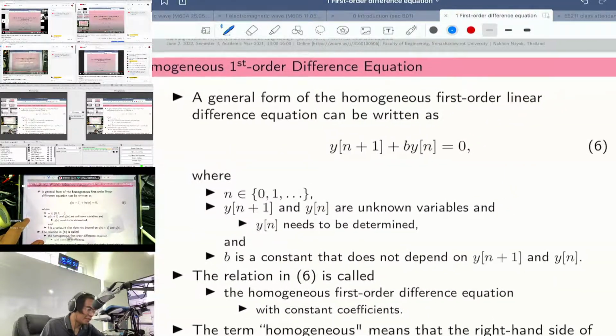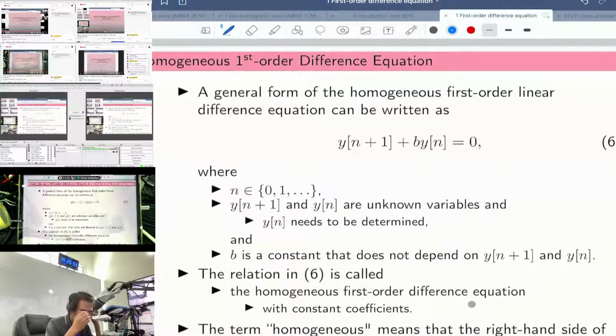Finally, we arrive at the first type of difference equation. We will consider the simplest case: the homogeneous first order difference equation.